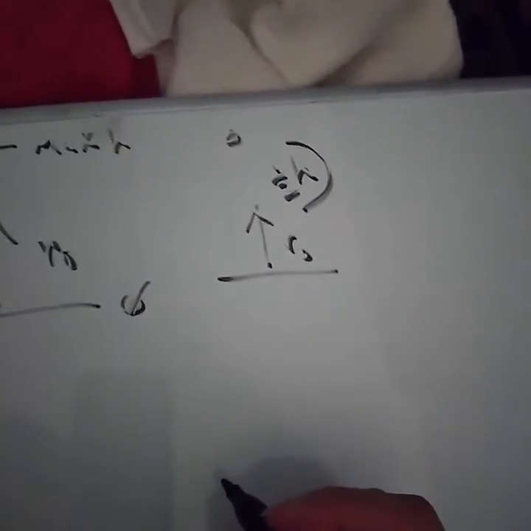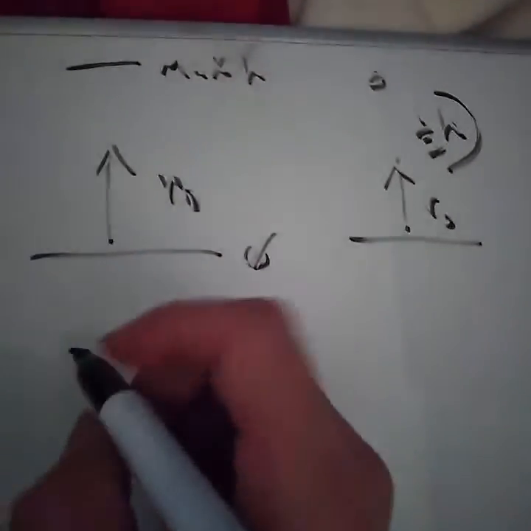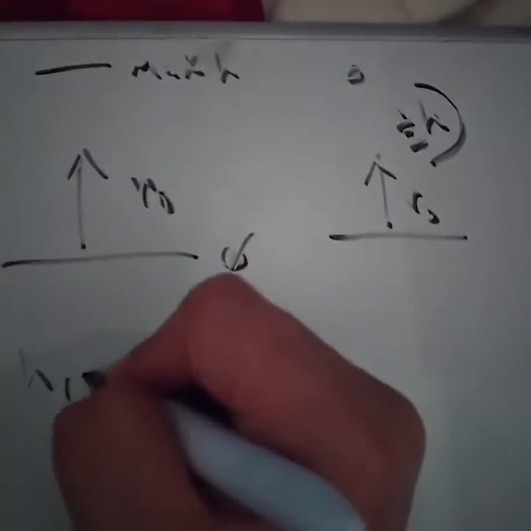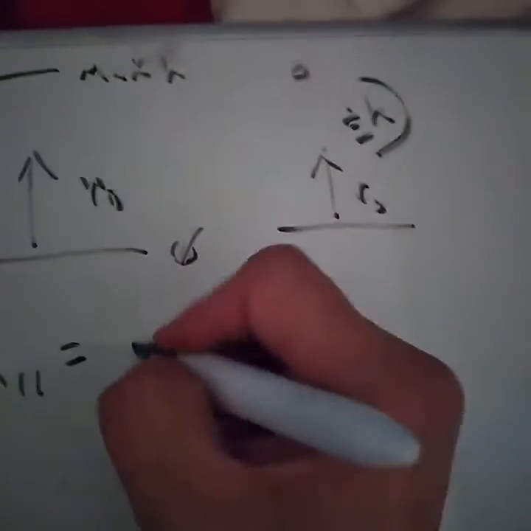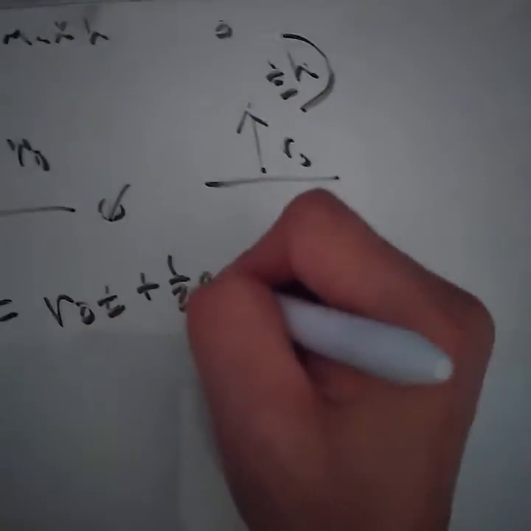So what we're going to do is solve for the height of the first object. The height of the first object is going to be VOT plus half AT squared, right?